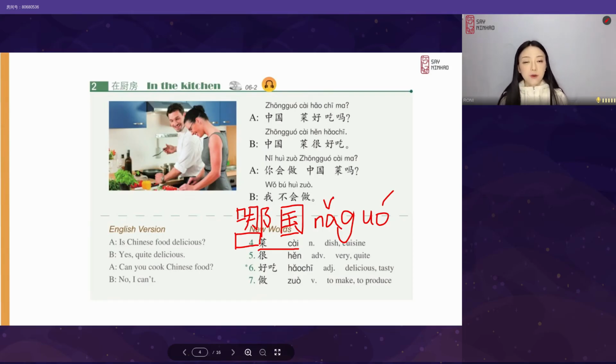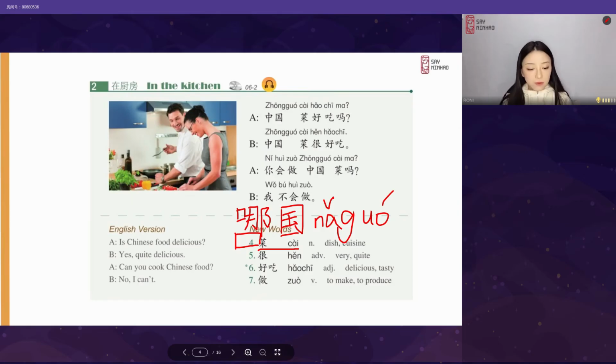你吃哪国菜. Now let's try to answer this question. I eat Chinese dish, this one is really easy. This one is 我吃中国菜. Okay, 我吃中国菜, I eat Chinese dish.